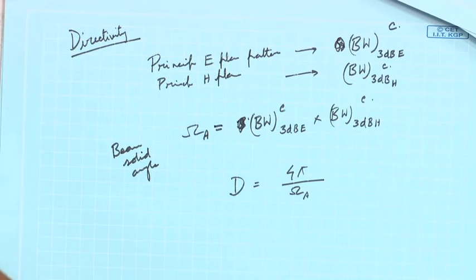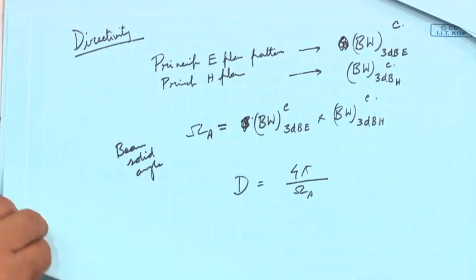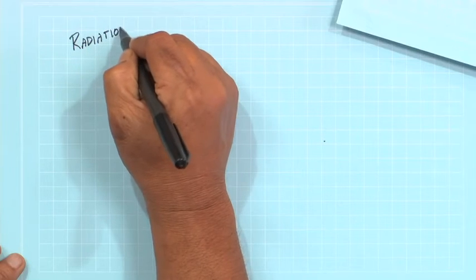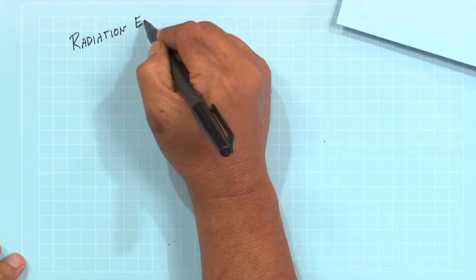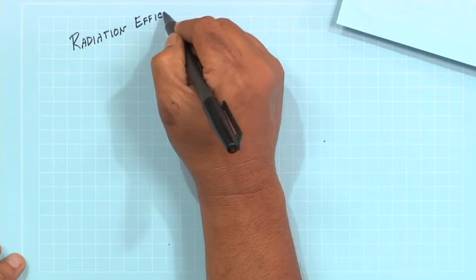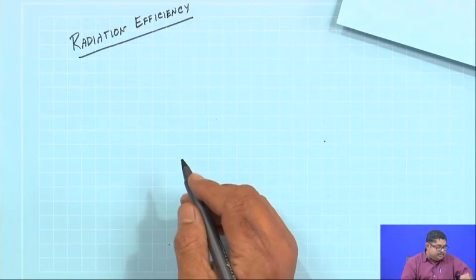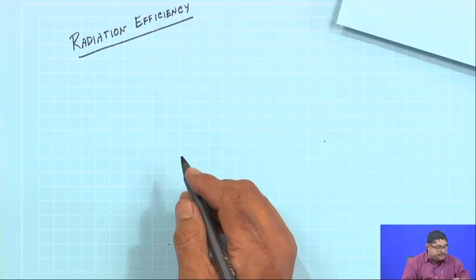Okay. Now, once I know this, a very important characteristic of any antenna is radiation efficiency. I find that in our country people are very unaware of this, and do not know how to measure it. So, what is radiation efficiency?